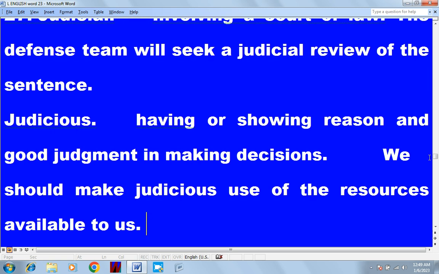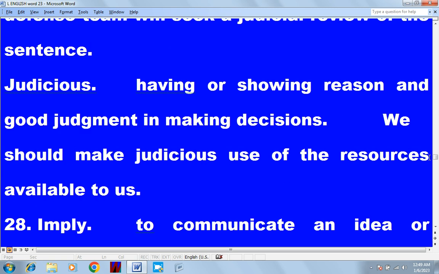Judicious: having or showing reason and good judgment in making decisions, wise, careful, skillful. We should make judicious use of the resources available to us.